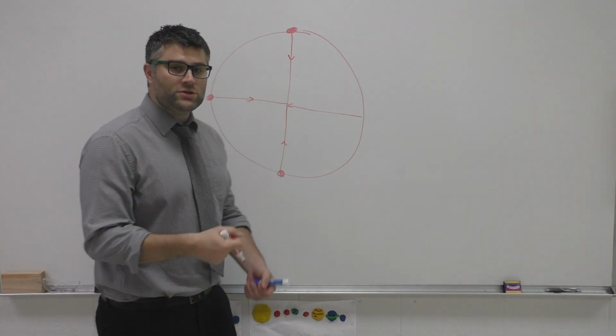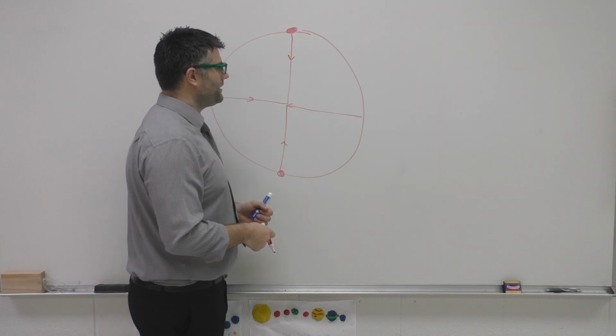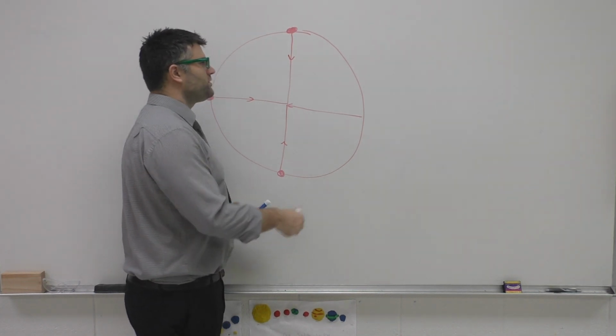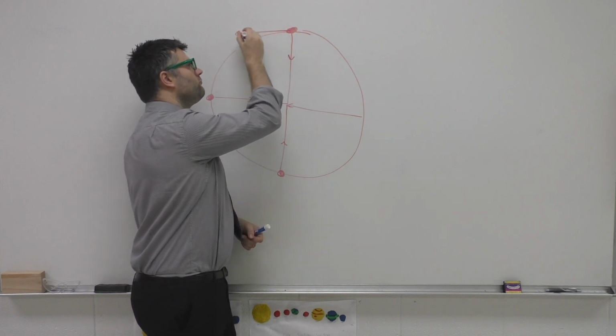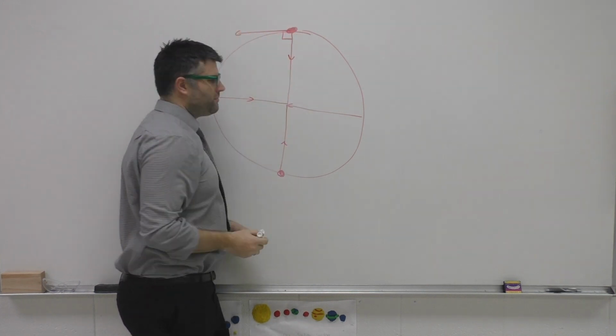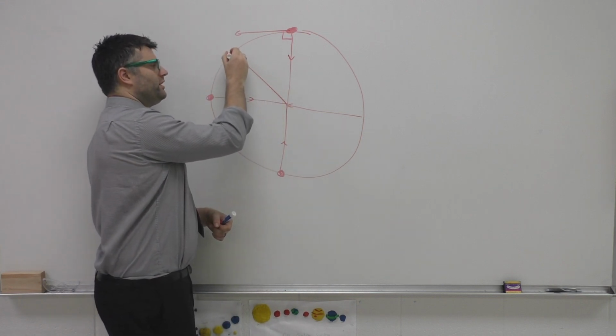And that pull towards the center is the centripetal force. Okay? So that is the centripetal force. It's a force that's acting always at right angles to the motion, and that is true for every position on this circular motion.